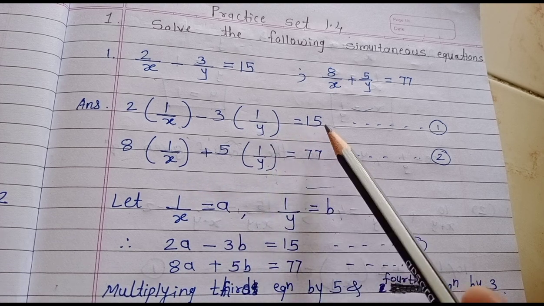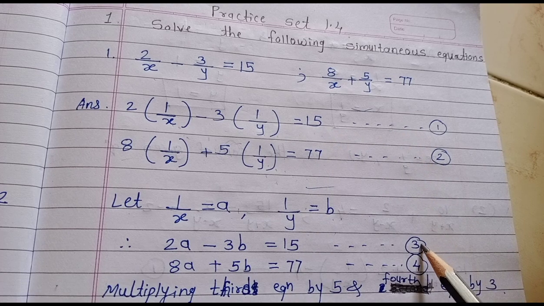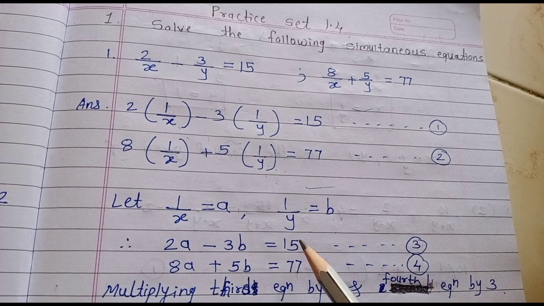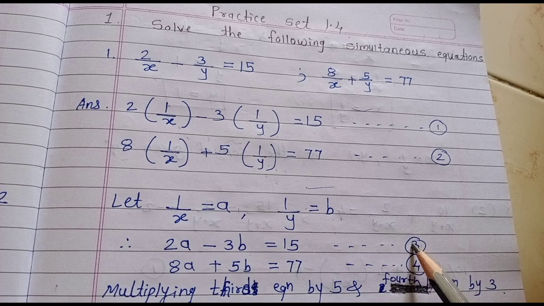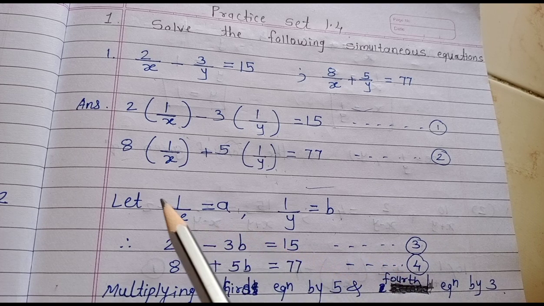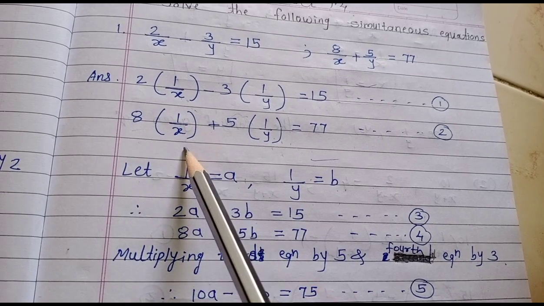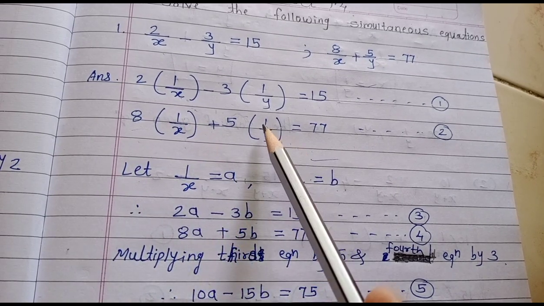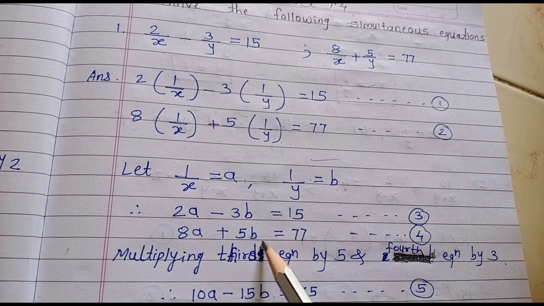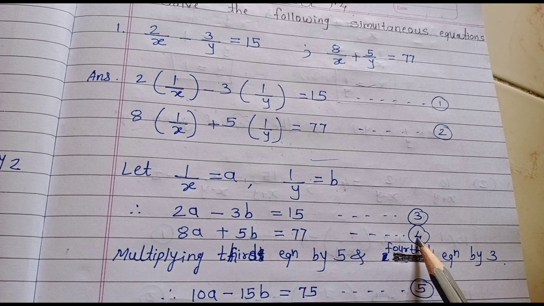Minus 3b is equal to 15, which is the third equation. 2a minus 3b is equal to 15, that is your third equation. Then see the second equation: 8 times 1 upon x write a, plus 5 times 1 upon y write b, is equal to 77. That is your fourth equation.